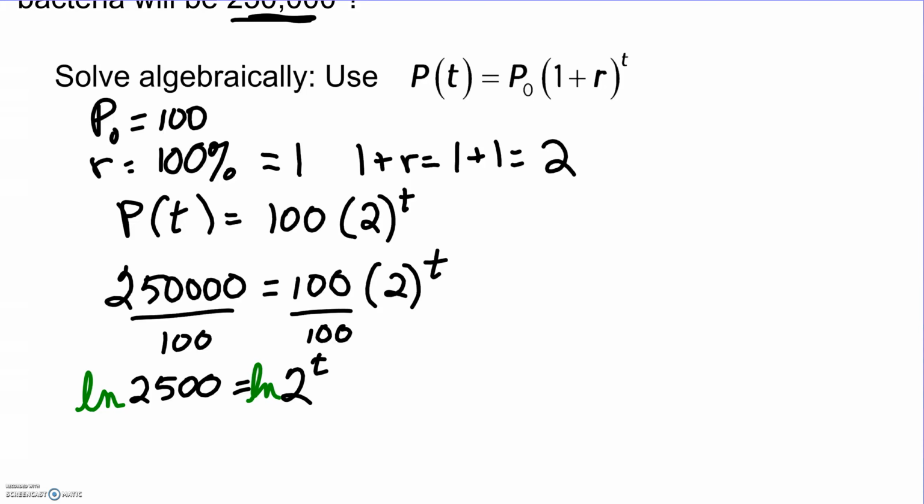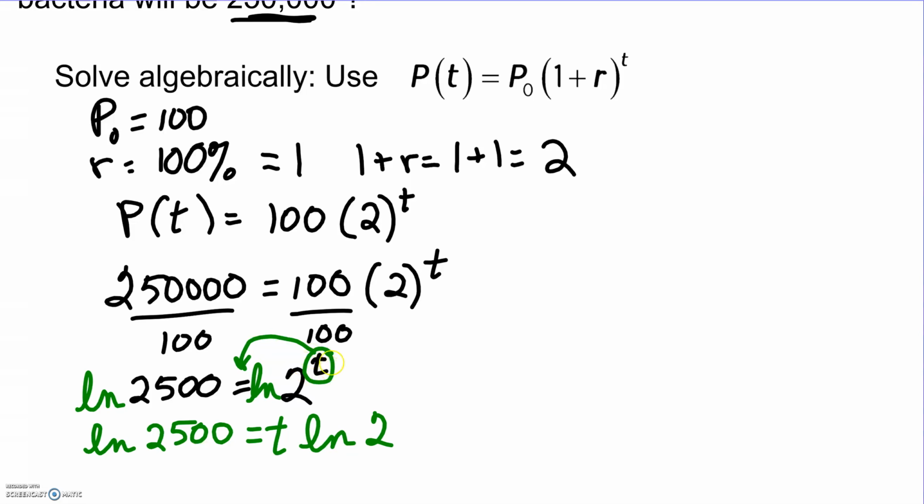So that gives us the natural log of 2,500 equals. Now, you may remember this property that if you are taking the natural log of something to a power, you can take that power and move it out front. That's why we take the log of both sides, because doing that gets that variable out of the exponent.